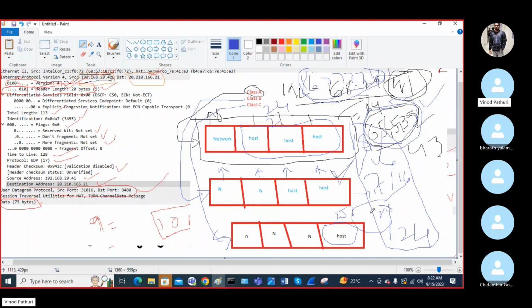So we can connect a maximum of only 255 hosts. Which class is that for? Class B or class C or class A? Yes, class C.